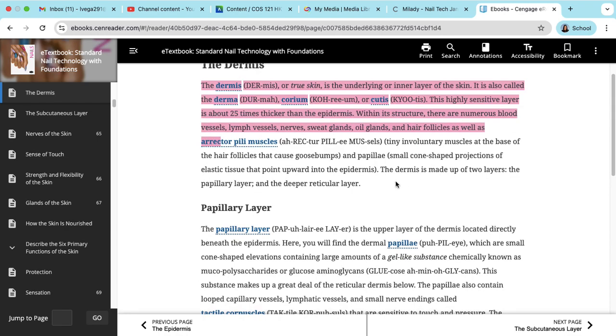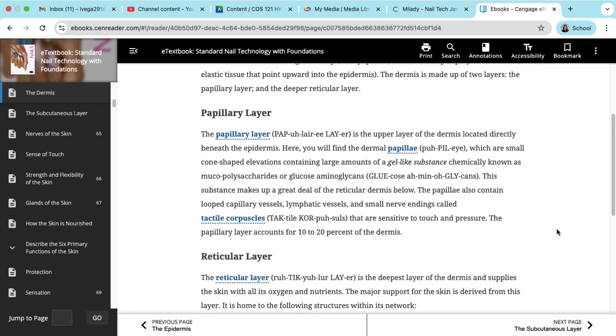The dermis has two layers, the papillary layer and the reticular layer. The reticular layer is the deeper one. The papillary layer is an upper layer of the dermis located directly beneath the epidermis.